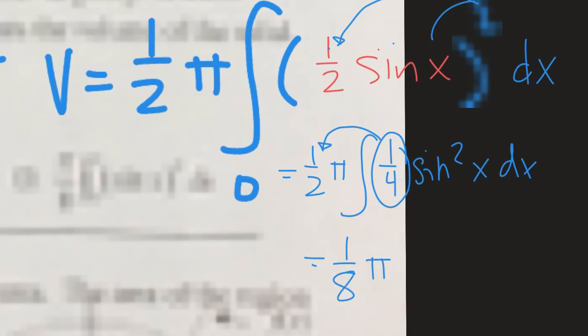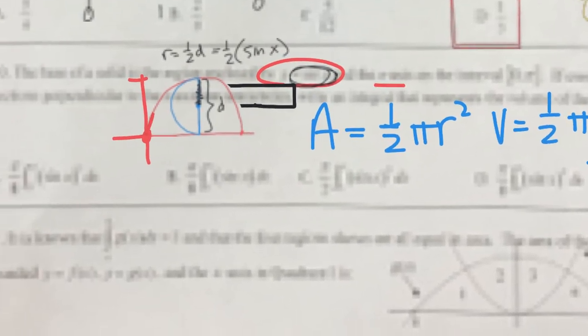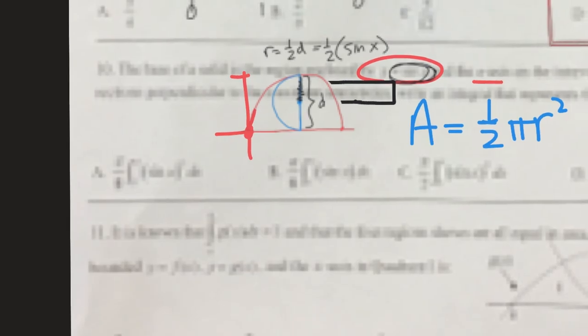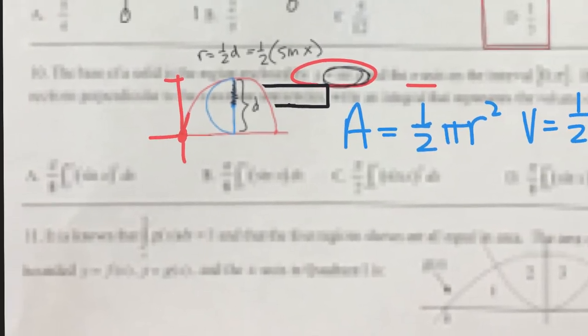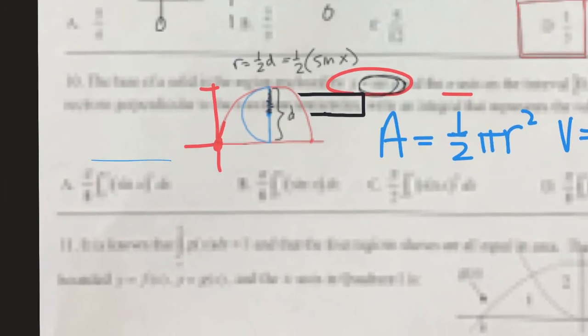That's 1/8 pi, integral from 0 to pi of sine squared. So which one of our options matches up? A, pi over 8, 0 to pi, A, 0 to pi of sine squared.